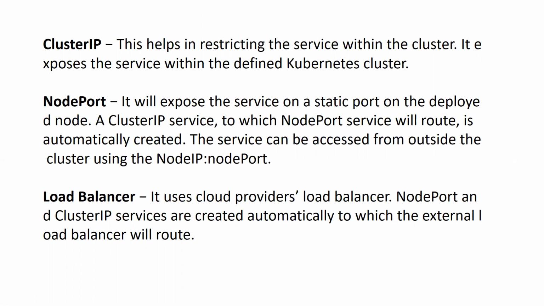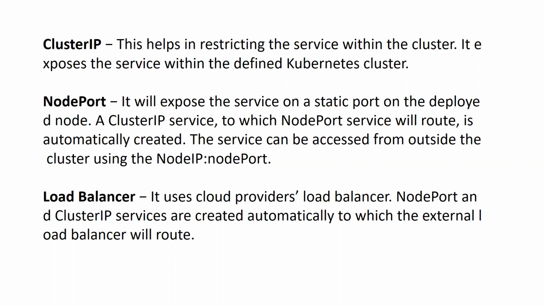If you don't want to make your application available to the public, accessible from the internet, then you can use cluster IP, wherein the full domain name of a service can be given to exchange with other services which are in the same cluster. Or else, if you want to expose your application to the outside world, then you can go for node port.